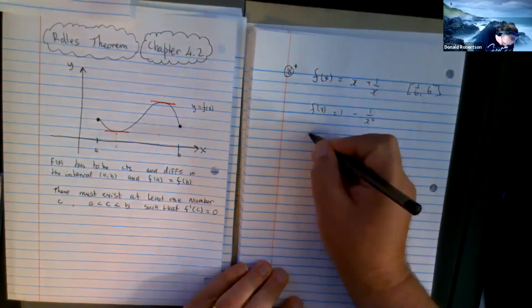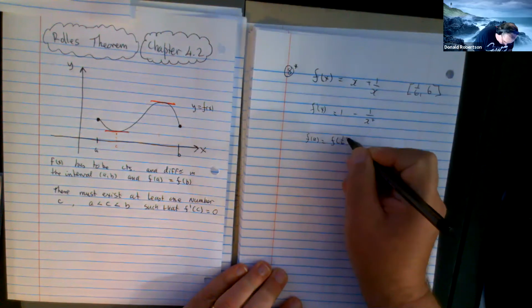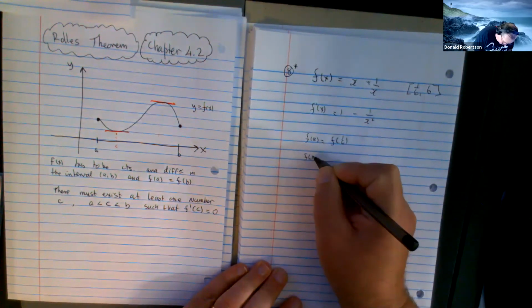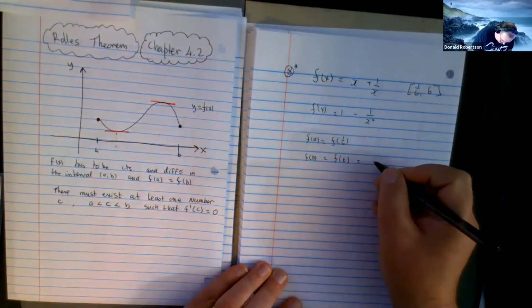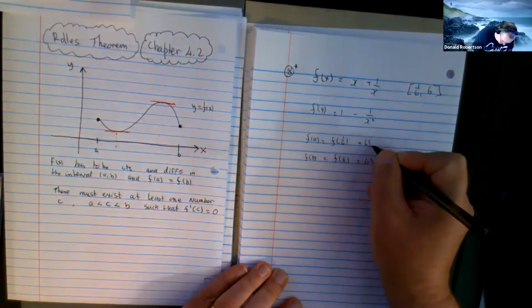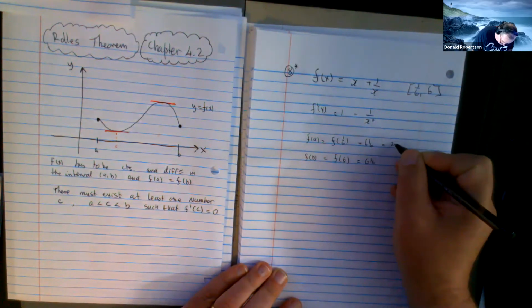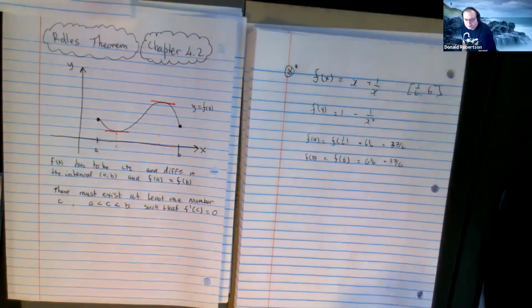Now, if you find the value of the function at the start, which is at 1/6, and you find the value of the function at the end, which is at 6, you get 6 1/6 in both cases, which we all know should be called 37/6. So according to Rolle's theorem, is the start and the finish the same height?